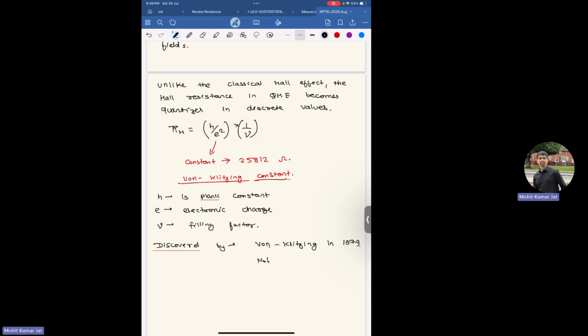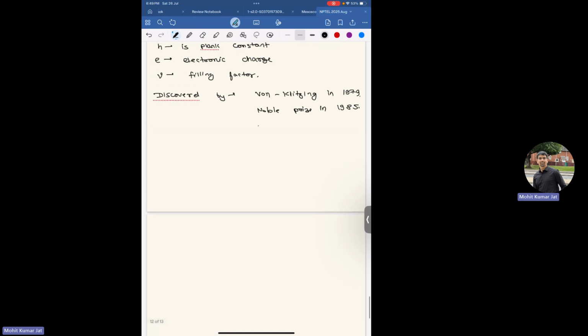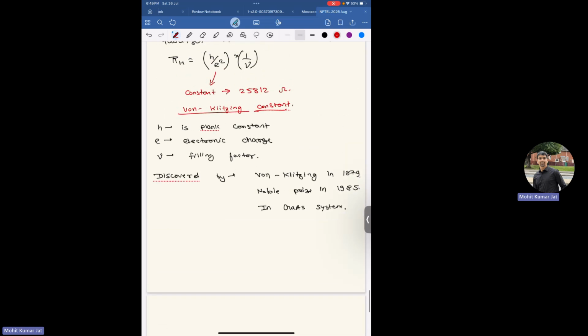Nobel Prize in 1985. And this is all about the gallium arsenide system. It was discovered in gallium arsenide, which is a two-dimensional system, a two-dimensional electron gas.